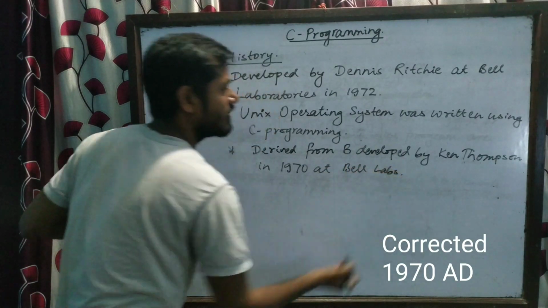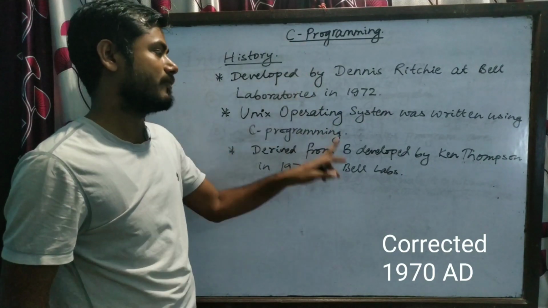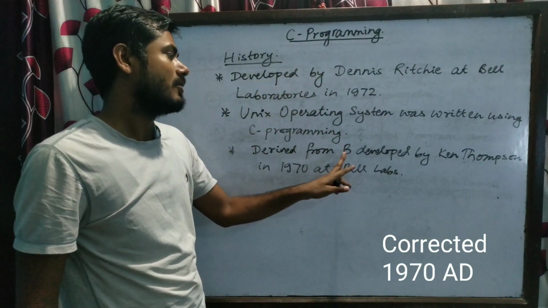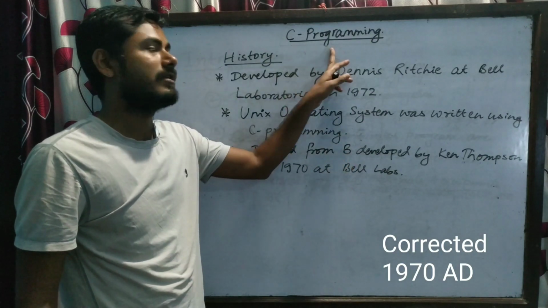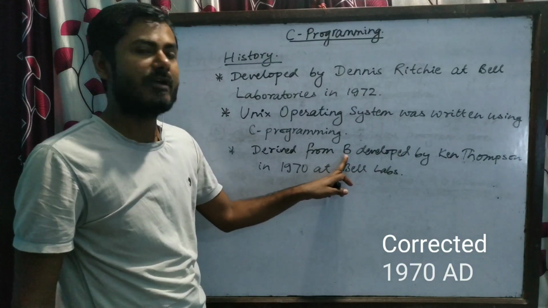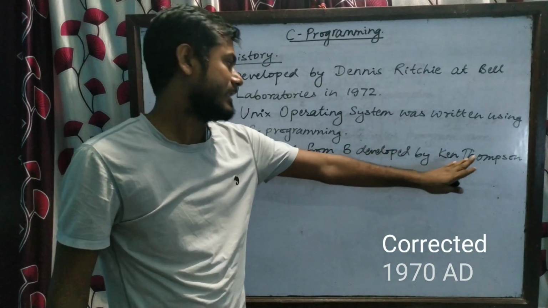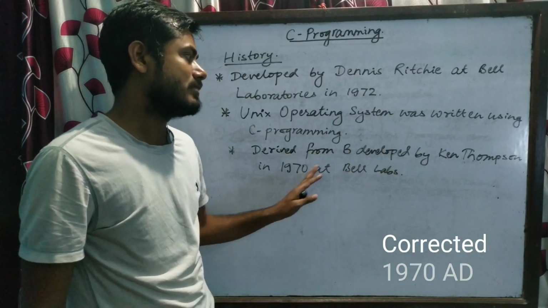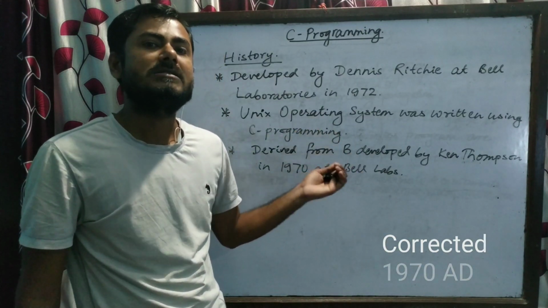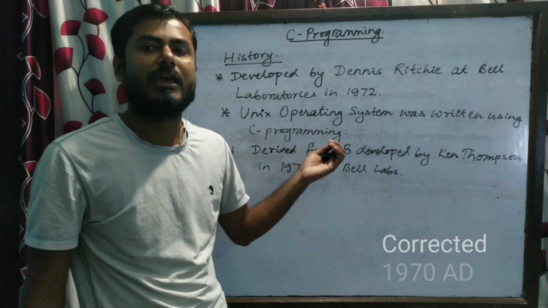So that's why it was named C. From B, the next letter C came. That's why we can say that C programming was developed from the inspiration of the B language, which was developed by Ken Thompson in 1972, and this B language was also derived from BCPL, Basic Combined Programming Language.